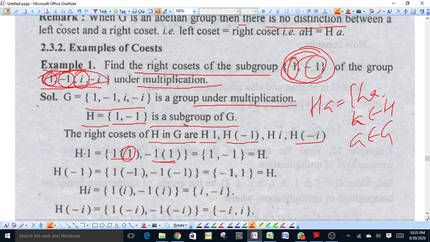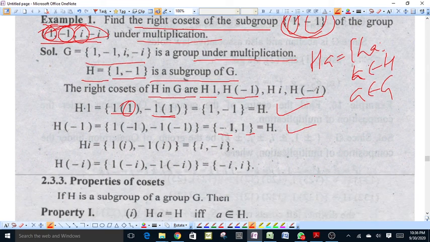That will be equal to {1, -1}, which is H. Similarly, the right coset determined by -1 will be H(-1), equal to {1·(-1), (-1)·(-1)}, that is {-1, 1}, which is again equal to H.